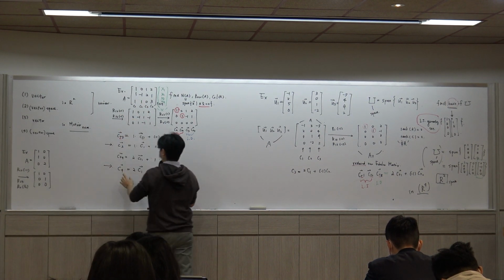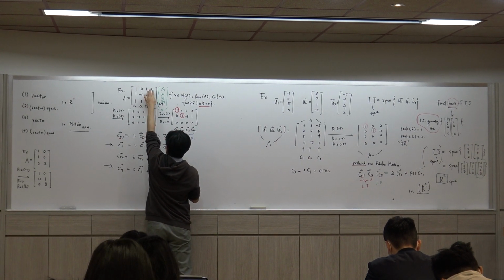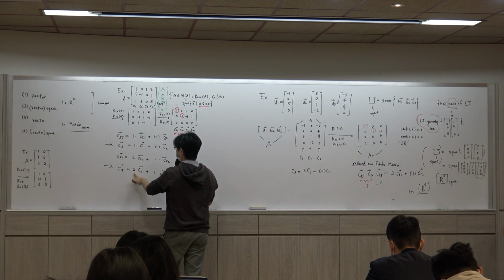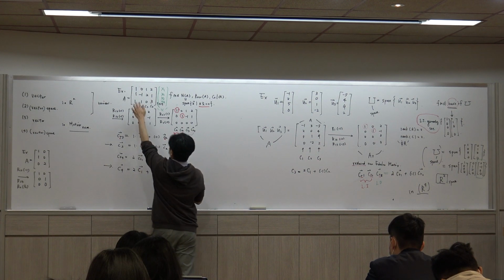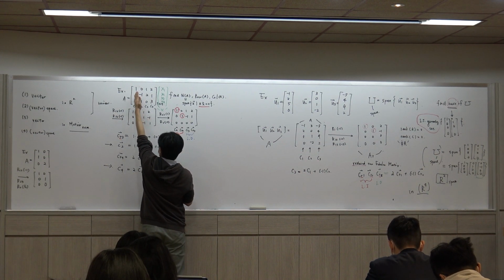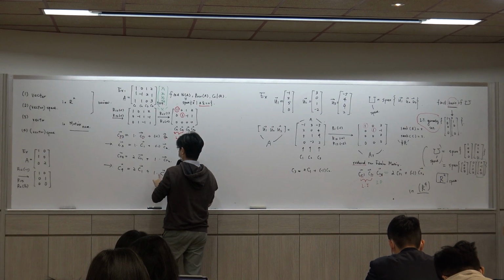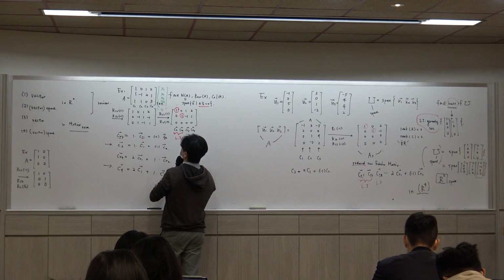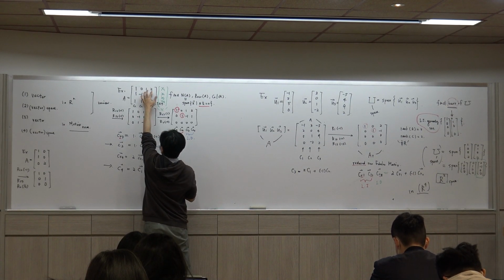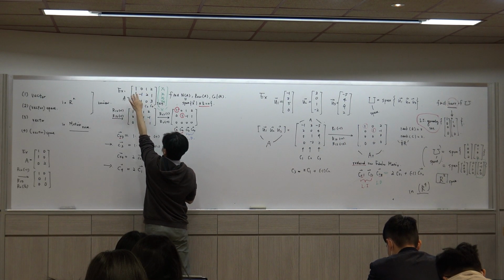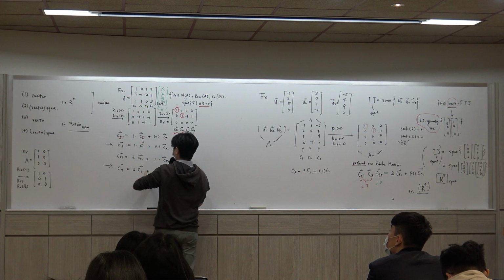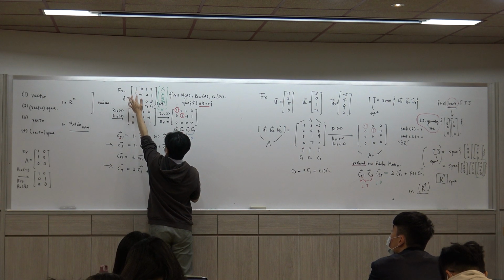So you can check: the element in the fourth column equals 2 times the element in the first column plus 1 times the element in the second column. So 2 equals 2 times 1 plus 1 times 0.